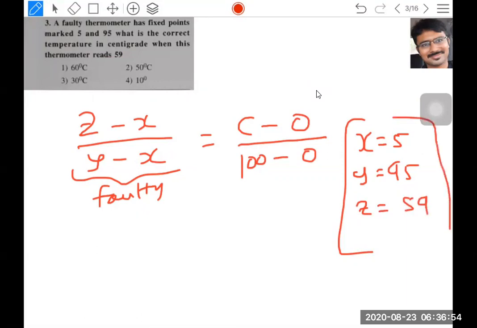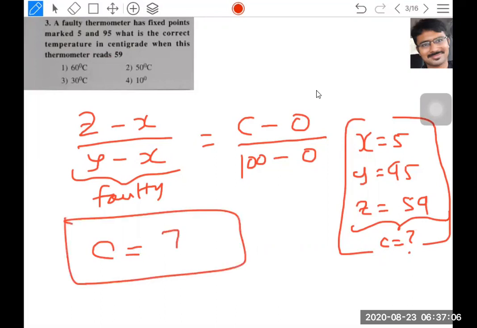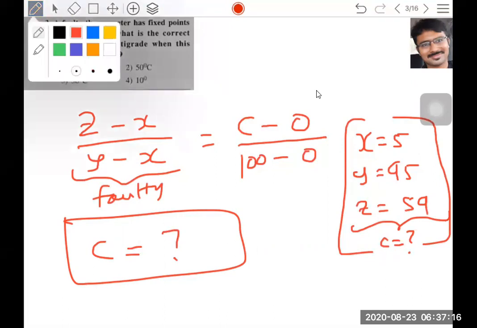Correct temperature means they are indirectly asking for the C value. I hope you understood how to handle this problem. They are asking for the value of C. Here, they have simply given one thermometer, named the faulty thermometer.